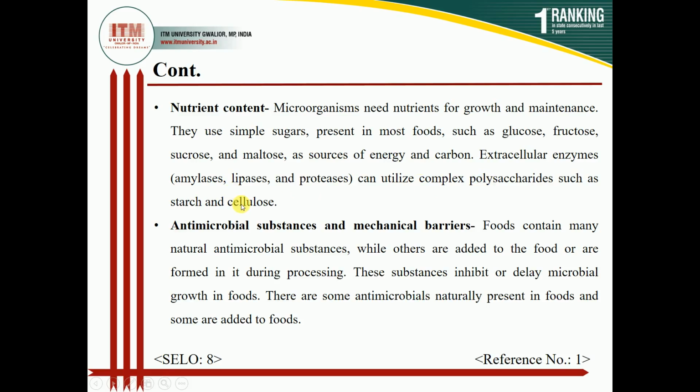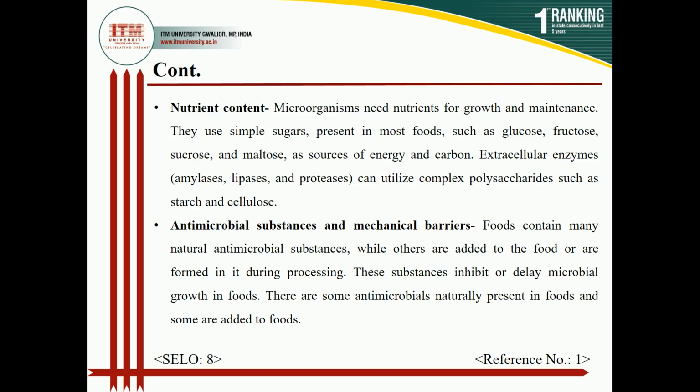Apart from this, the macromolecules are enzymatically broken down into the simple form so that the nutrients can pass through the cell membrane into the cytoplasm.